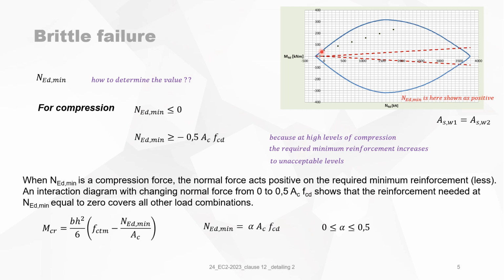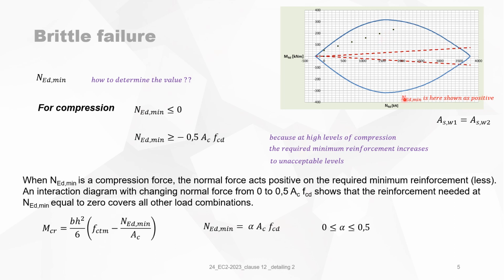But you see immediately that for the value where NRD is 0, and then you calculate by iteration the required reinforcement, this interaction diagram is covering all the green dots.